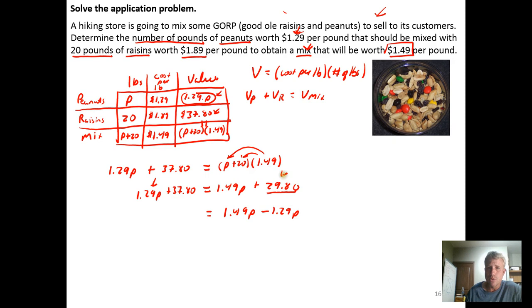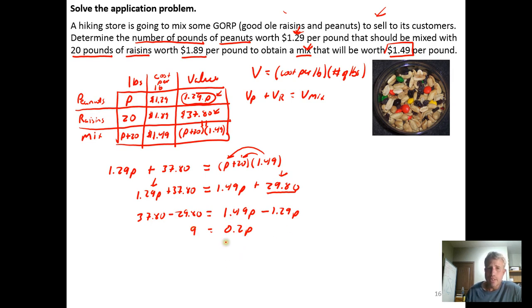So I'm going to subtract the 29.80 from both sides, which leaves me with 37.80 minus 29.80 on the left hand side. So 1.49P minus 1.29P is 0.2P, and 37.80 minus 29.80 is just 9.